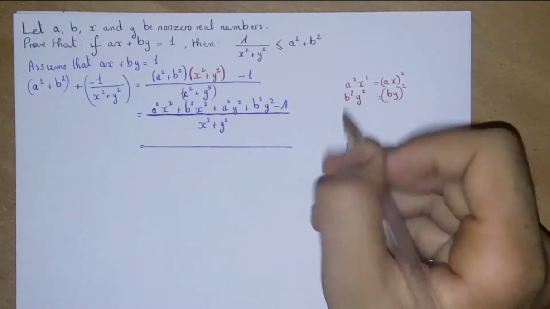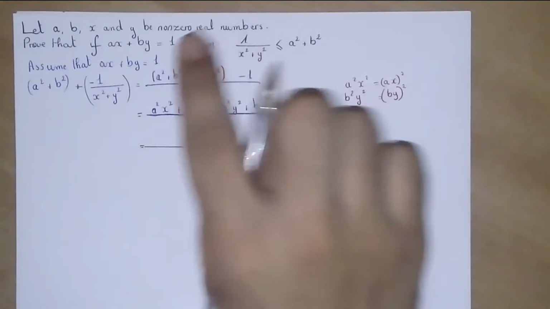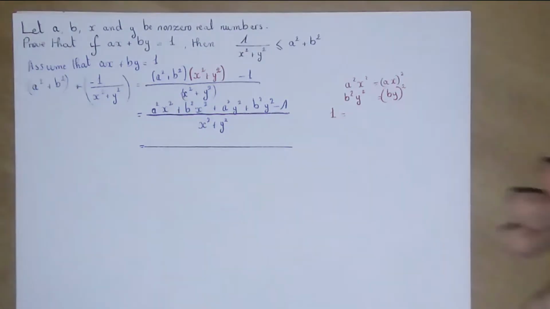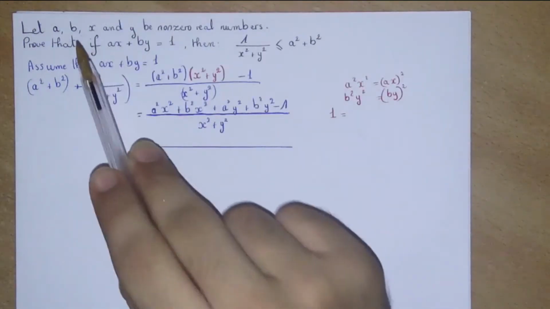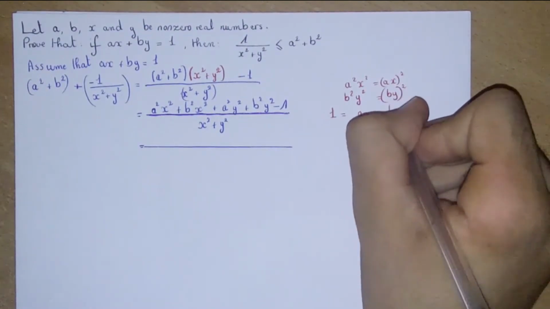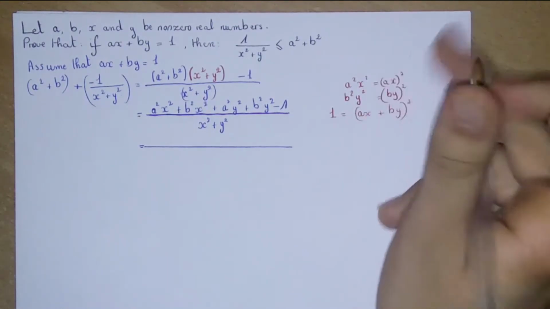So let's just do that. If I take the right hand side first, 1 squared is equal to 1. There's nothing there. Now for the left hand side, I will have ax plus by all squared. What is that equal to?